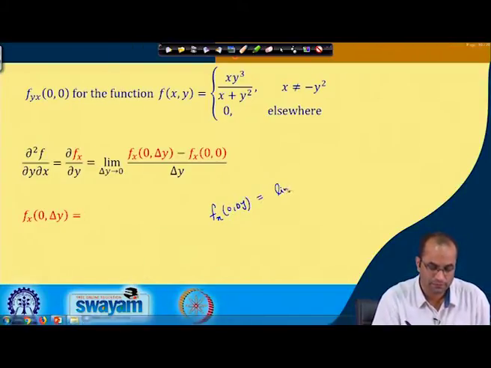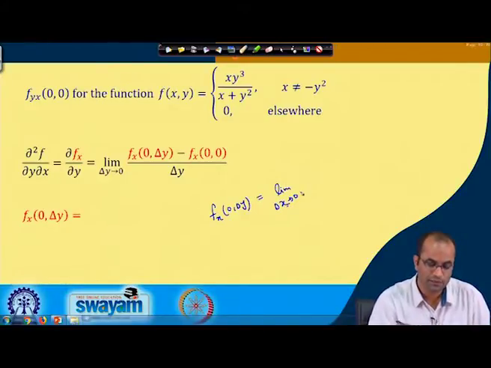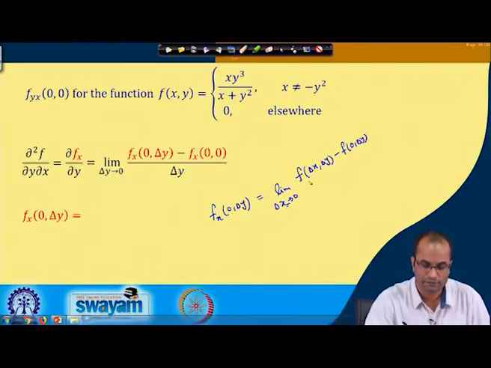Let us take the limit as delta x to 0, sorry, delta x to 0, not delta y to 0. This will be delta x to 0, and we have f of the increment in x, delta y as it is, the function as it is now, divided by this increment delta x. So, this will be the partial derivative with respect to x.